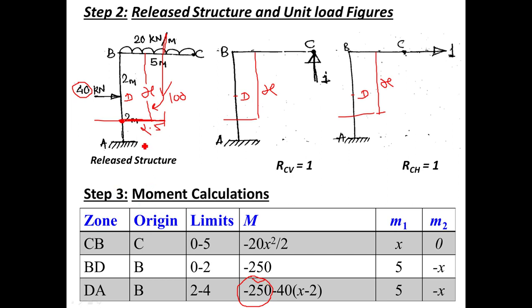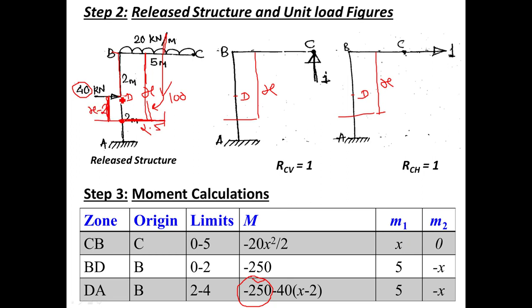Now we have to take the moment of the point load. The perpendicular distance of the point load: total from B to the section it is x, and we want this distance. If we subtract this 2, we'll get this distance. So it is x minus 2.